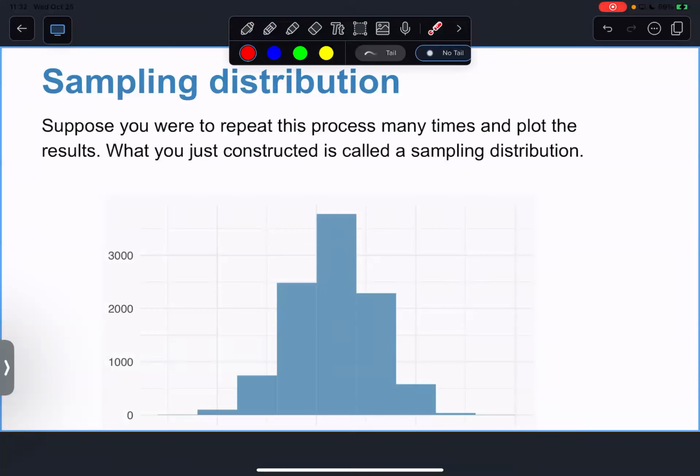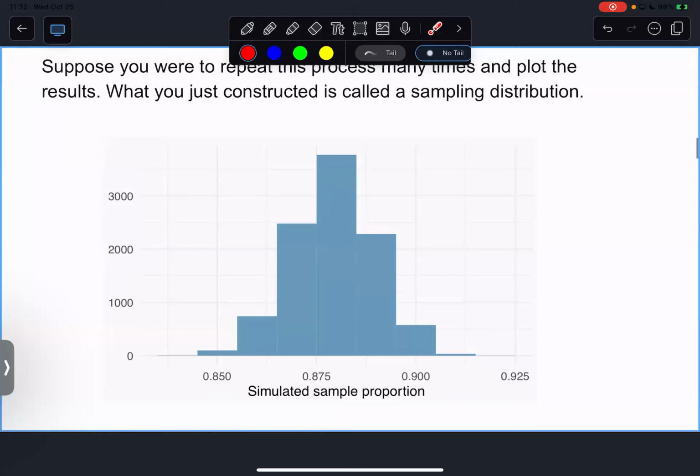So what we would get if we looked at the distribution of all those sample proportions that we've collected, I said, get me your sample proportion, so that I can make this beautiful histogram. What does this look like? Wow, this looks familiar. We know how to deal with that.